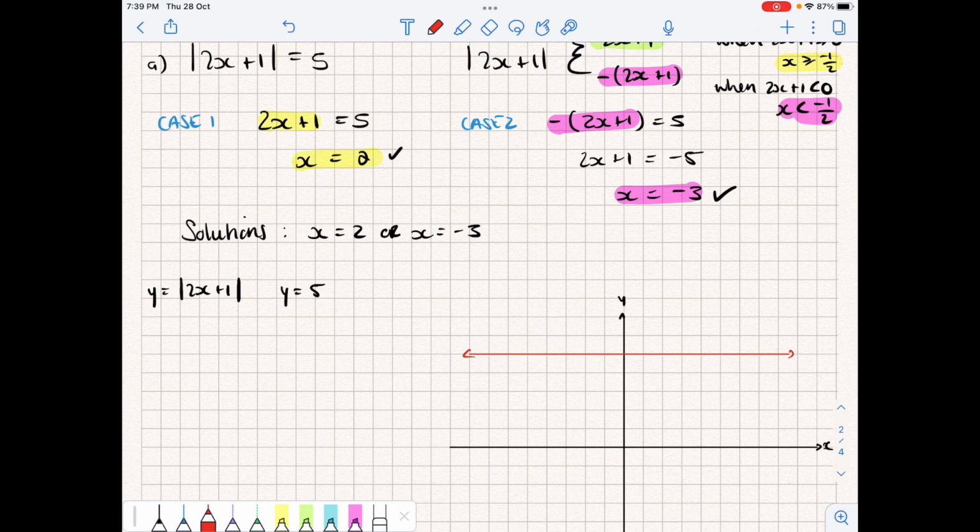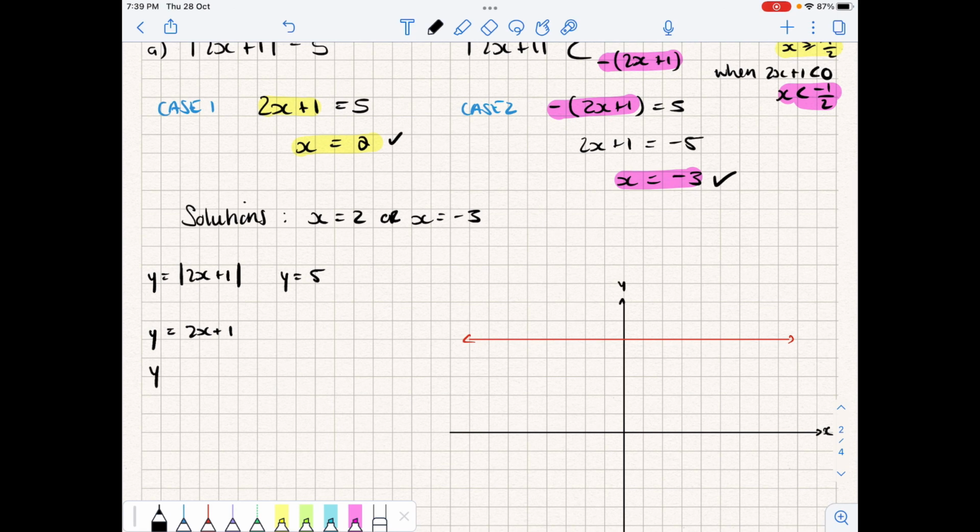And now we can consider the modulus function. So we can say, well, this is the function y equal to either 2x plus 1 or y equal to negative of 2x plus 1, which is just y equal to minus 2x minus 1. You can either do the positive one and reflect about the point that touches the x-axis, or you can consider the two functions separately. So 2x plus 1 has an x-intercept of minus 1 and a gradient of 2.